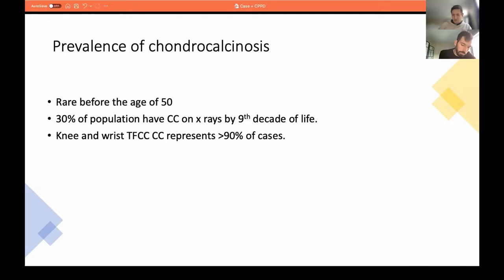So the knee and the wrists are the most common sites where you'll see this calcification. The TFCC, the triangular fibrocartilage on the wrist, is located right by the ulna. Knees is where we see most of the calcification, but it can occur anywhere: the pubic symphysis, and it can occur in the MCP joints.